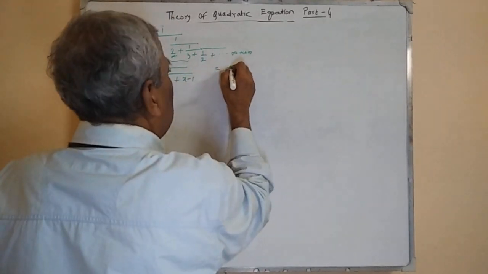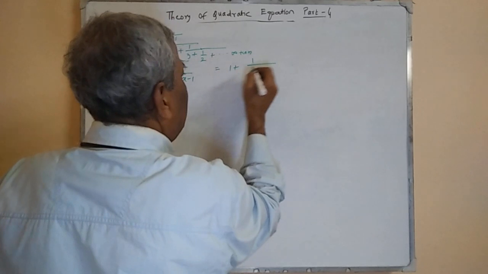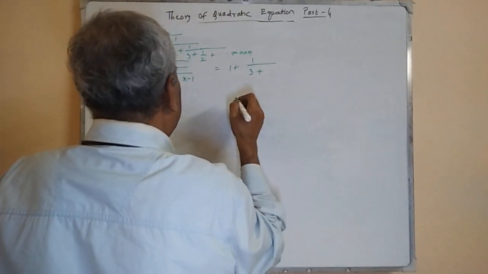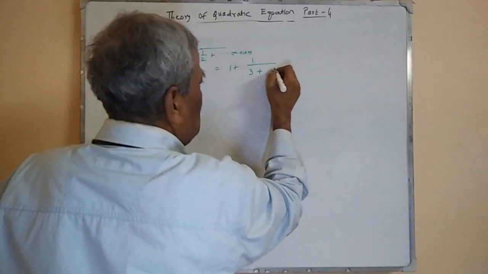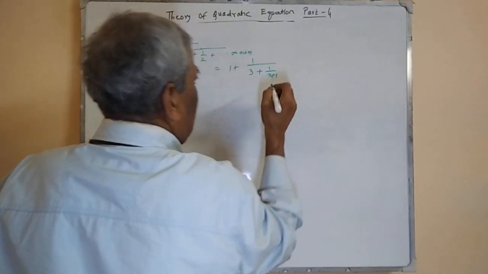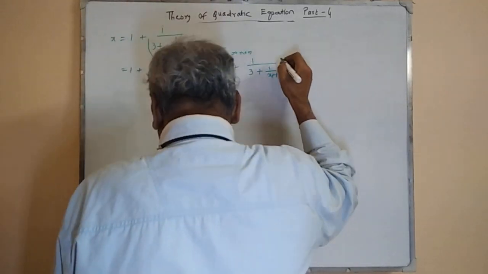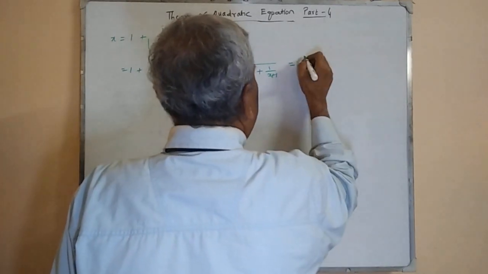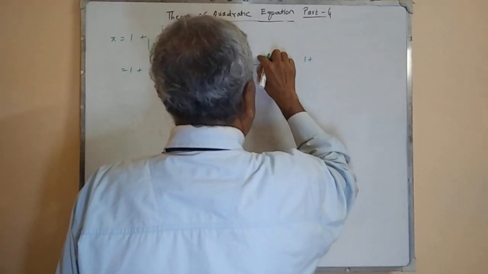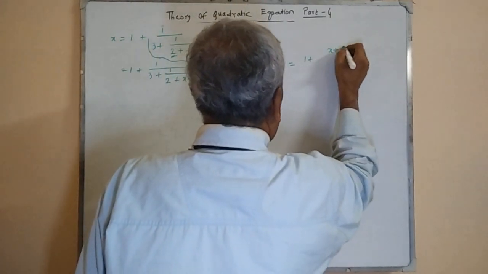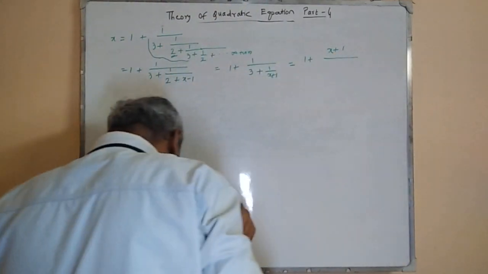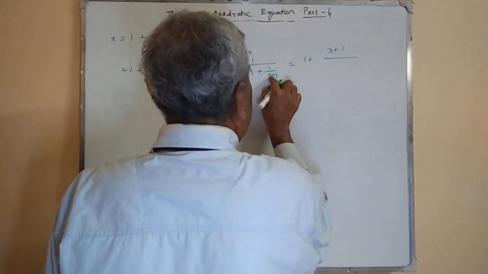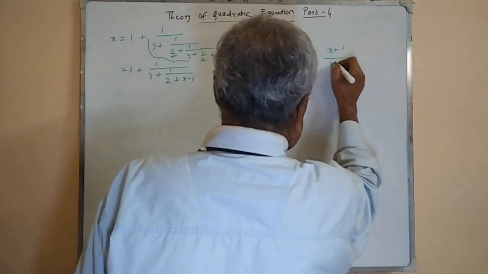So that it is equal to 1 plus 1 by 3 plus 1 by x plus 1. It is equal to 1 plus, this numerator will be there, x plus 1 divided by 3x plus 3 plus 3x plus 4.